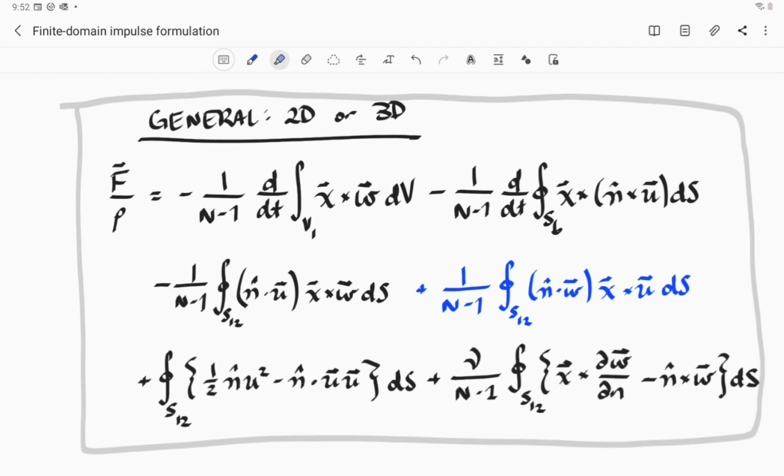I haven't obviously proven it here, but in 2 or 3D, to express it generally, we have these factors of 1 over n minus 1 again, where n is the dimension, 2 or 3, as we had in previous videos. And we have one extra term here that we didn't have. Recall when we introduced the vorticity transport equation, in 3 dimensions, the vorticity field is being manipulated by the processes of tilting and stretching.